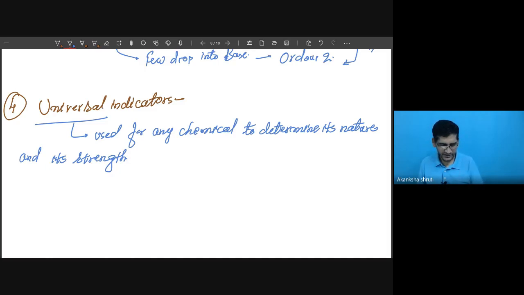For this, there is a scale. This is used with the pH scale that we will see.